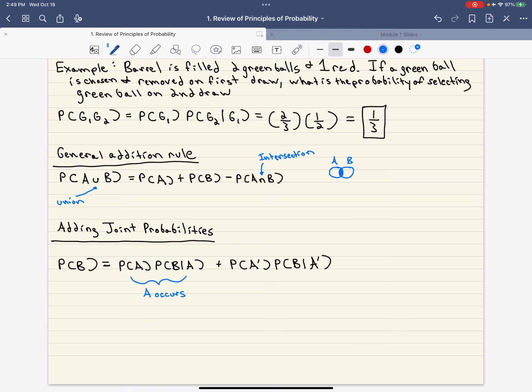Right? And in the second term, we're looking at the probability that A does not occur, but B still happens. And this little prime here just means that A does not happen. Okay? All right. And so those are just a couple of definitions with regards to more complex situations where you need to calculate a probability.